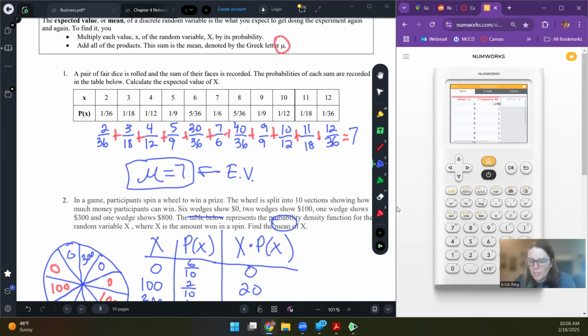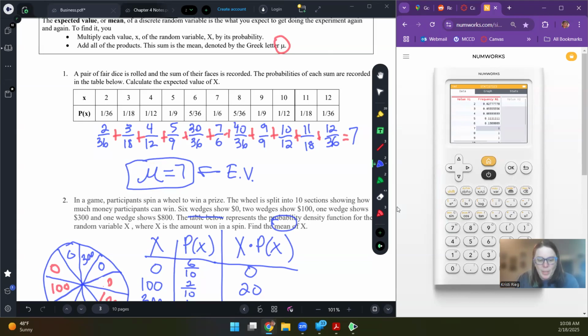So I'm going to type in 1 out of 36, and as soon as I do that, I get a decimal, but the calculator knows it came from 1 out of 36, so don't fret. We're just going to type it in the way we see it on the table and let the calculator compute it however it wants. All right, 6 is 5 out of 36.